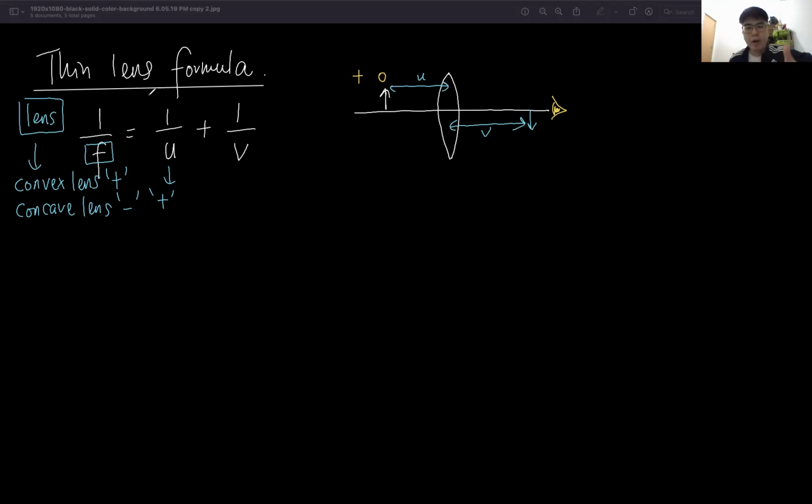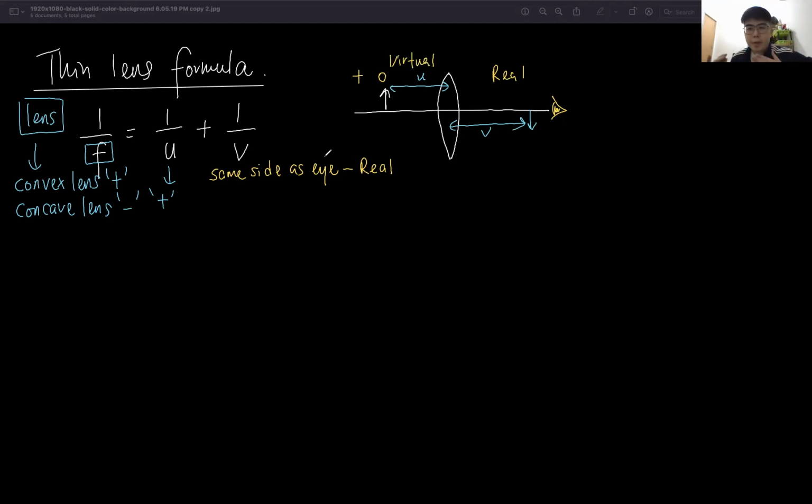Now, the last one, V. V depends on whether it is the same side as the eye or the opposite to the eye. If V is the same side as the eye, what do we use? Same side is real or virtual? Same side is real, right? Real image over here. Here is virtual image.